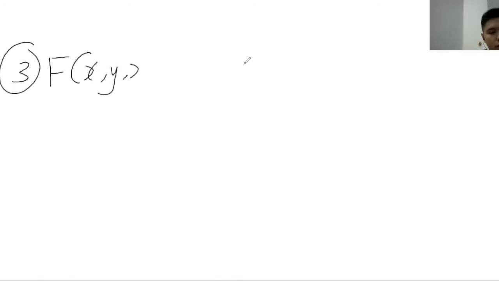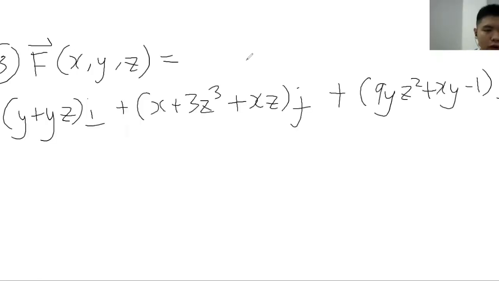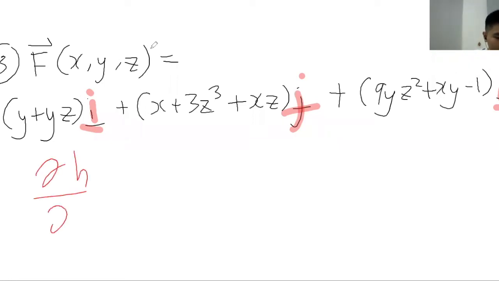This time in terms of three variables. This should be a more complicated step if it's in terms of three variables. We have i, j, k. In order to test it, there will be a complex formula.